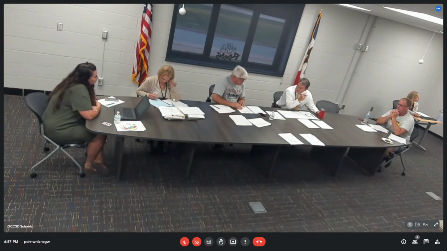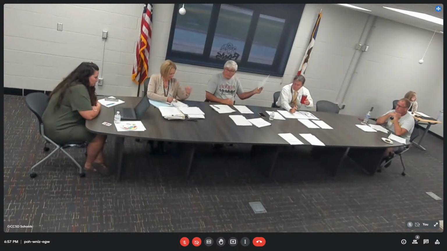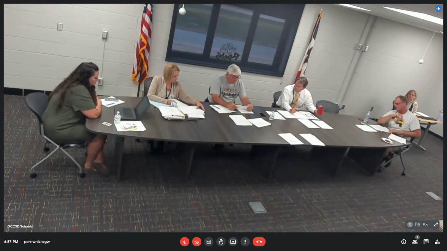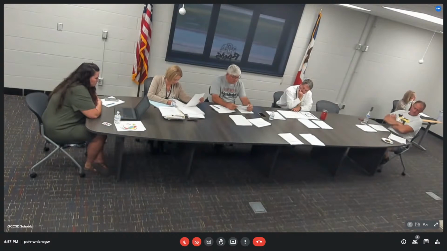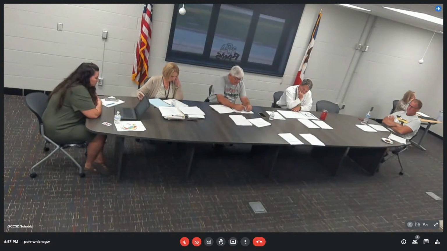Now the substitute pay. So associates, custodians, all of those. On this sheet, the sub cook would be wrong, because the sub cook would then be 11 instead of 10. Yes. Okay, so scratch that, but the rest: substitute teacher would go from 120 to 135.